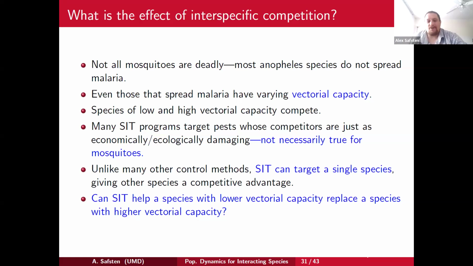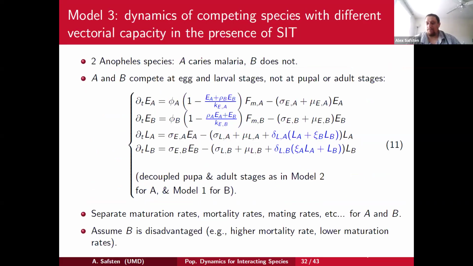So we could potentially take advantage of competition from a second species that has low vectorial capacity, meaning that it cannot carry malaria very well, and maybe replace the population of malaria-carrying mosquitoes with this low-capacity species. So we again update the model with a second species.